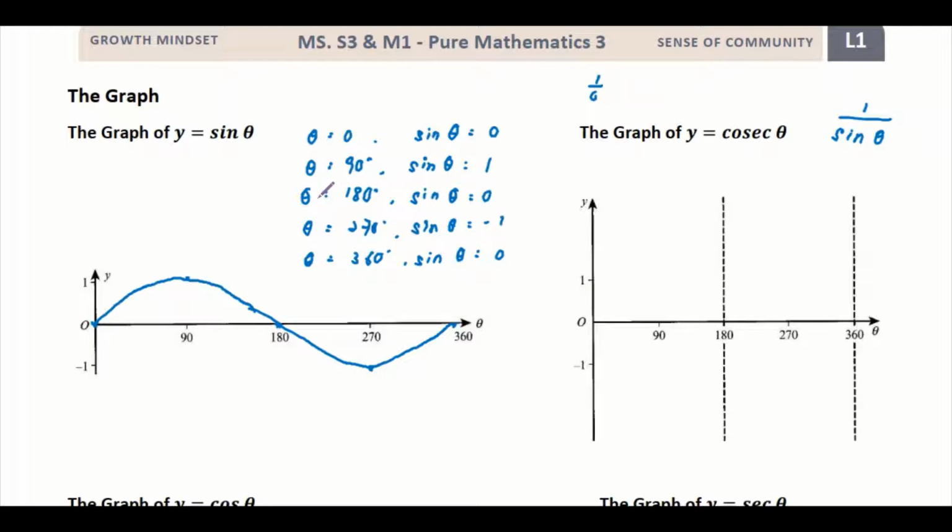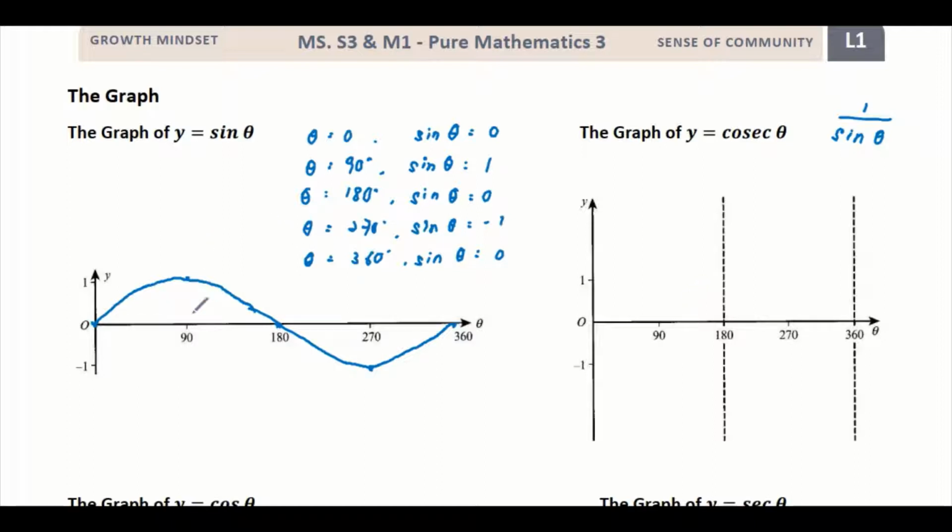It's the same when theta is 180, sine theta gives you 0, which is 1 over 0 for cosecant also. So for theta equals 0 and theta equals 180, the answer is infinite because 1 over 0 is not defined.